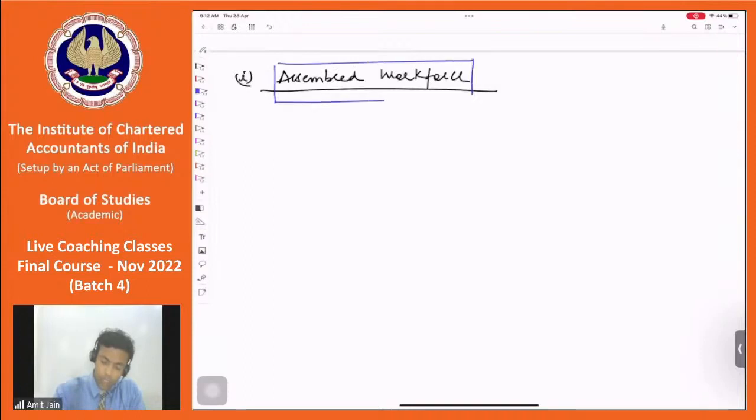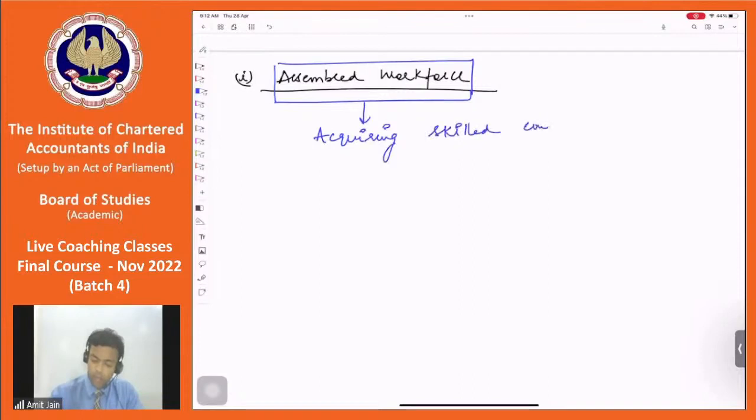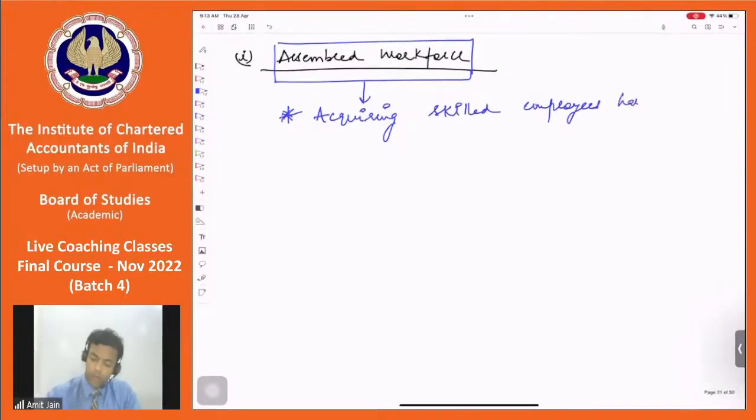Assembled workforce is nothing but acquiring skilled employees having relevant skills, knowledge, and experience.